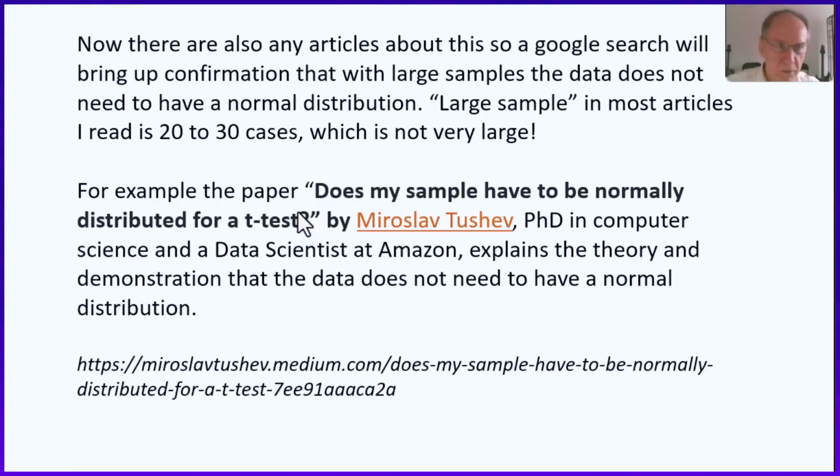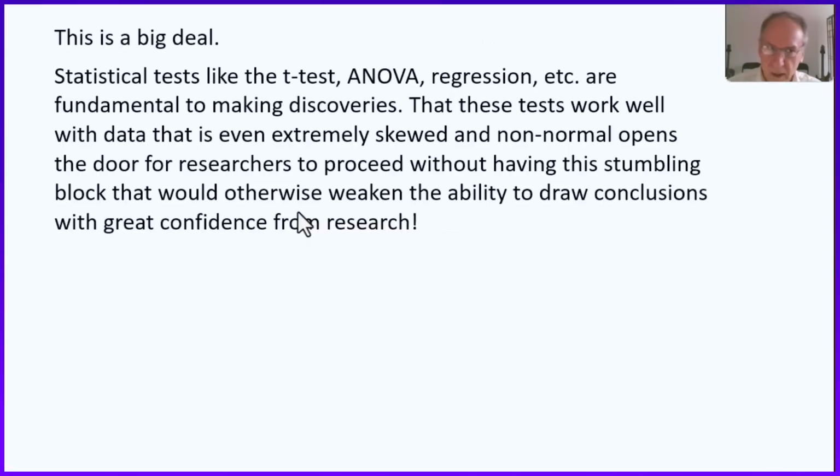So this is now well established and well known, but occasionally people still have not caught on to this realization, and they think you have to test the data to be normal. And as I said, this is a big deal, because even though we hear about AI and all these things as if they're taking over everything, those good old parametric tests like t-tests, ANOVA, and regression, they're fundamental, they're vitally important, they continue to be used for making discoveries, understanding how the world works.